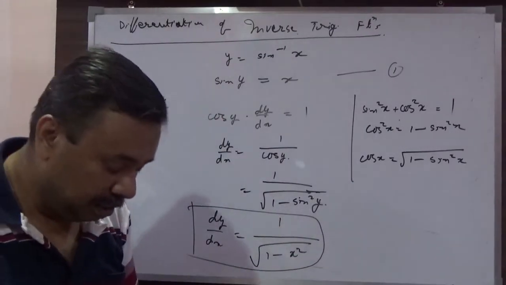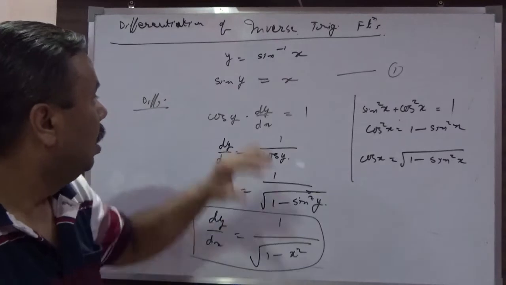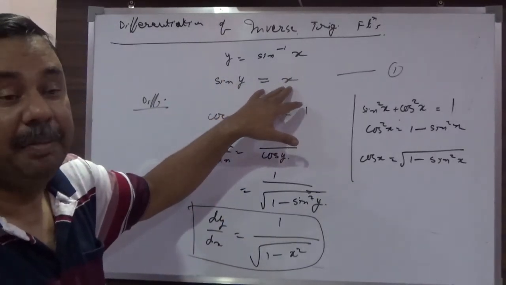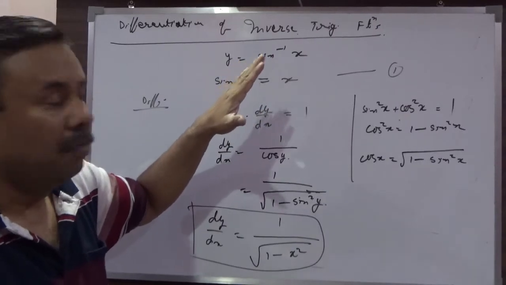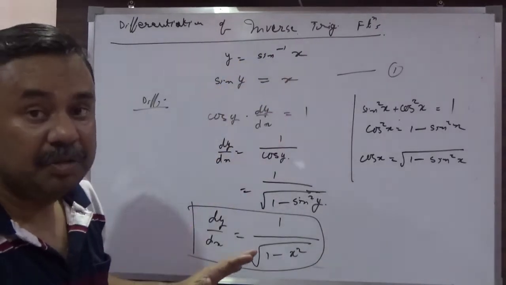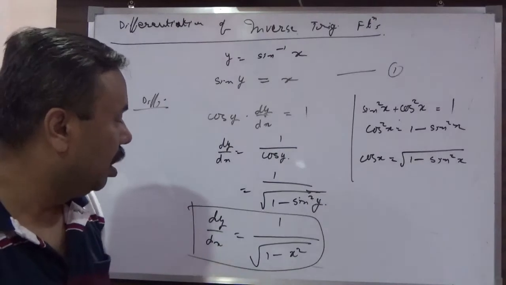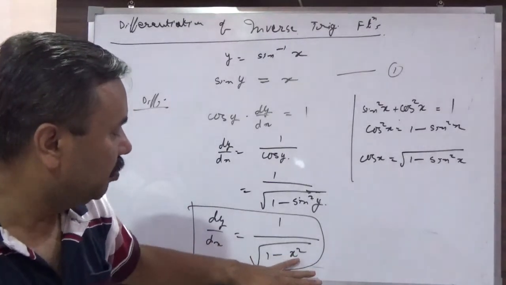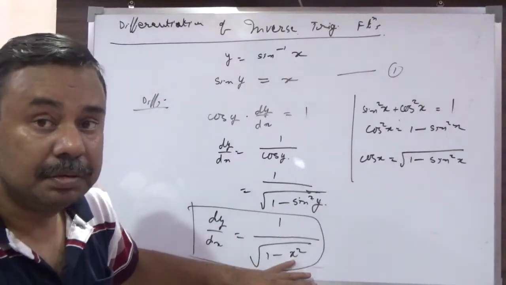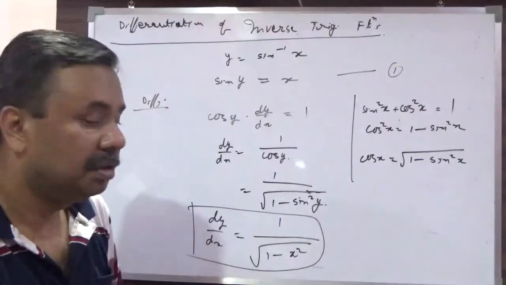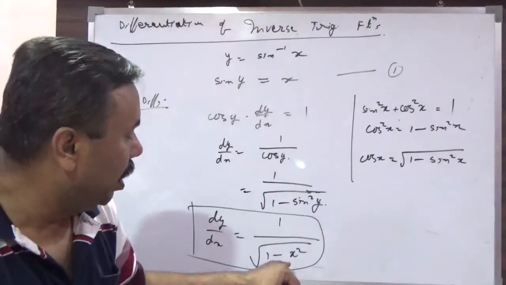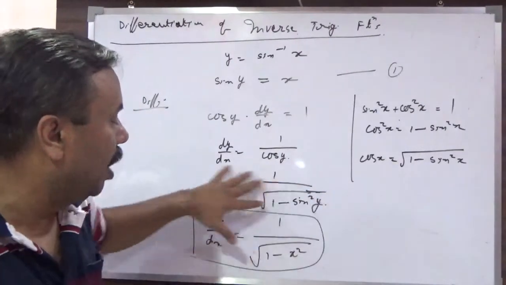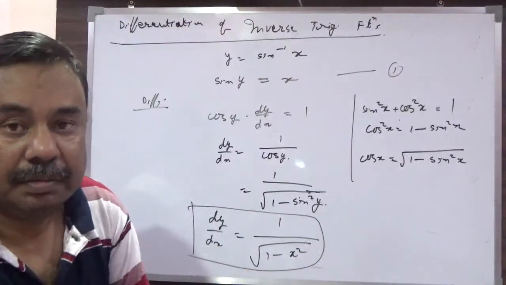If sine y is x, then x will always be lying between minus 1 and 1. But if the value of x is minus 1 or 1, the denominator becomes 0, and once it becomes 0, the whole value becomes undefined.